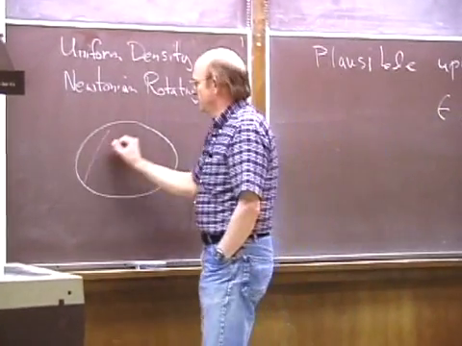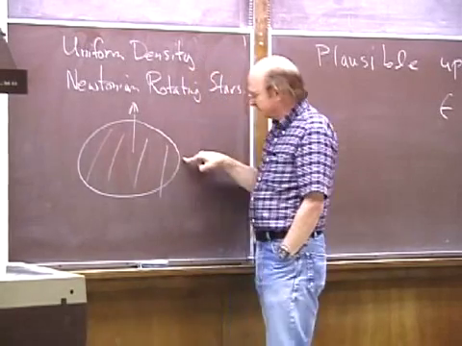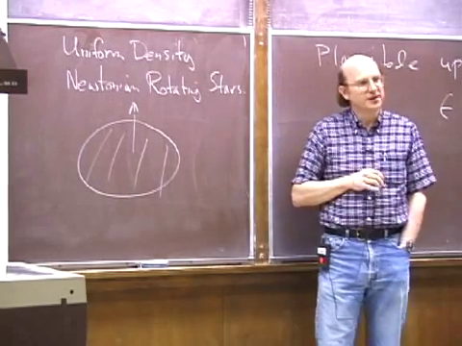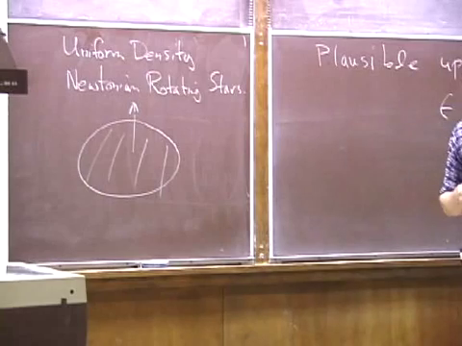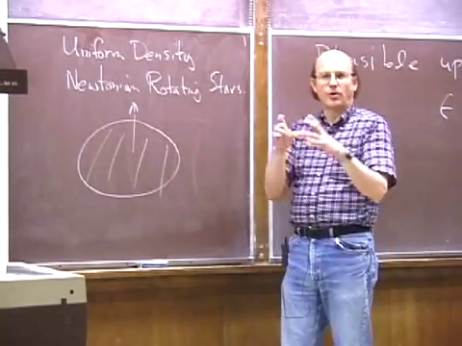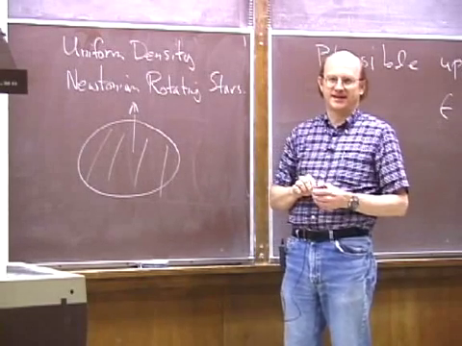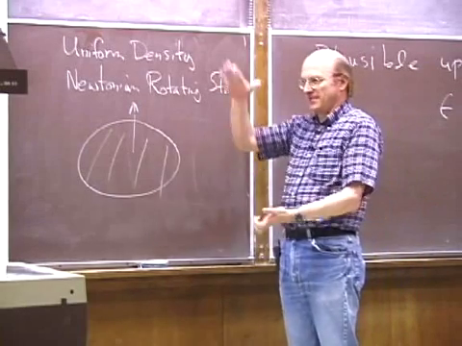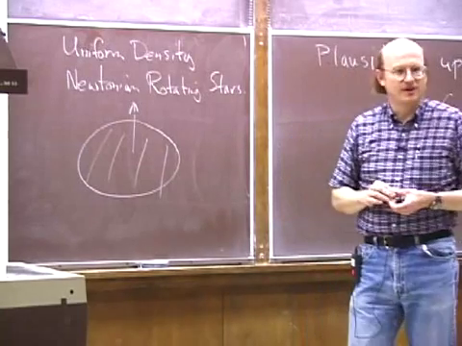The shape of the star is determined by the angular momentum. If the angular momentum is 0, then the star is just spherical. As the angular momentum increases, the oblateness of this spheroid gets larger and larger until it turns into a very thin pancake. In the limit as the angular momentum goes to infinity, it becomes an infinitely thin, infinitely large pancake.